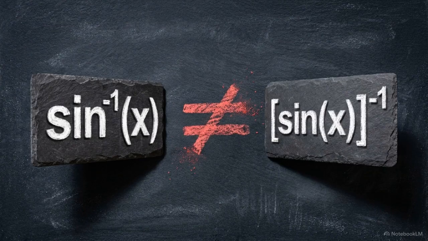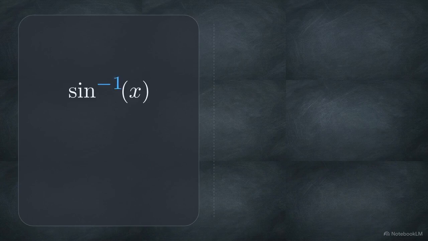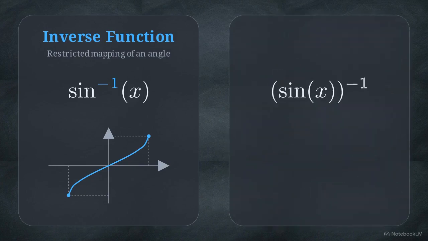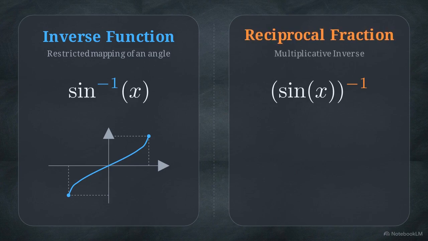Inverse notation and exponent notation can look exactly the same, but they perform completely different operations. When the -1 superscript is attached directly to the function name, like sine inverse of x, it specifically designates our restricted mapped inverse function. However, if the -1 is placed outside parentheses, like the quantity sine of x to the -1st power, that creates a reciprocal fraction.